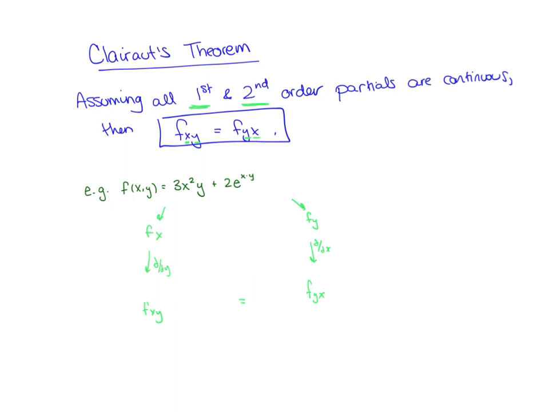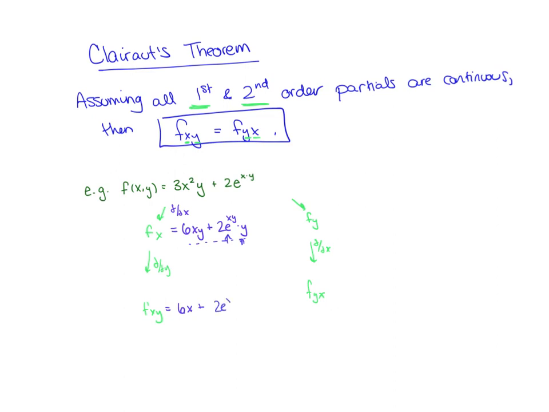So if I do that partial with respect to x, I get 6xy plus 2e to the xy times the derivative of xy, which is just y. And then I take the derivative of that with respect to y. So I get 6x plus, here I have a product with respect to y, so I have to use the product rule.